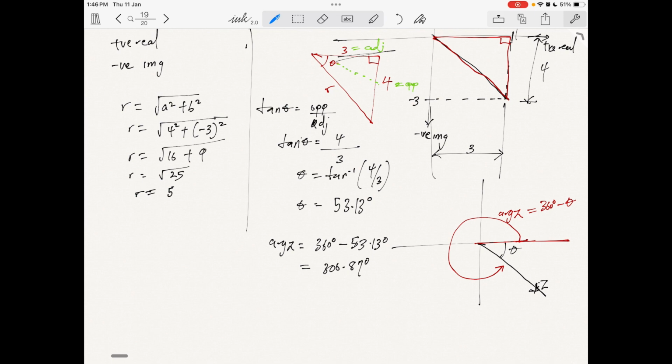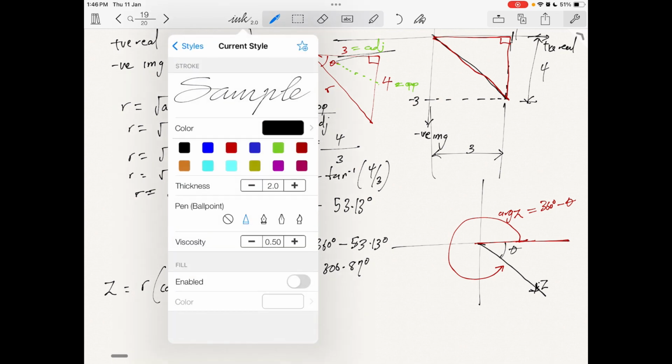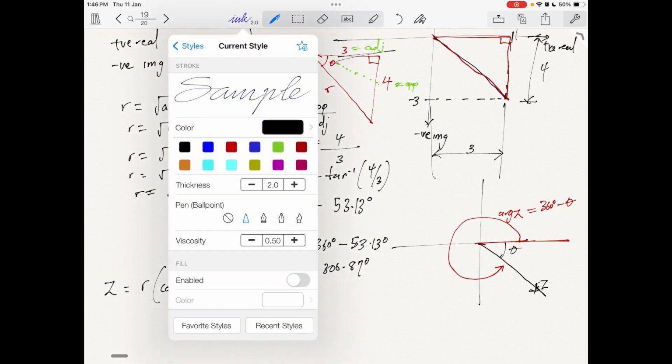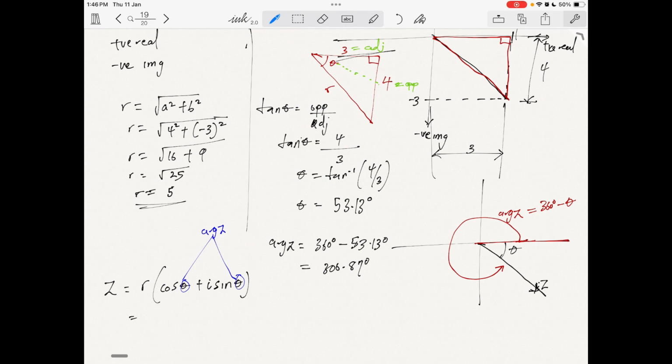Now, recall that in polar form, our Z is equal to R times cos theta plus i sin theta, where theta is now the argument Z. So our R, which is 5, times cos of theta, which is now argument Z, 306.87 degrees, plus i sin 306.87 degrees.